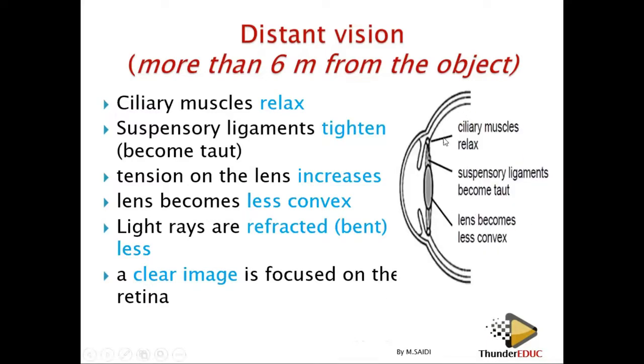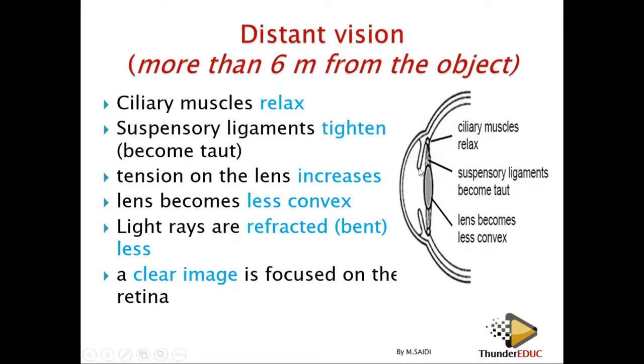So this is how it works: if this one relaxes, this one must contract, and if it contracts, it is pulling this side and also this side, and then the lens becomes small, which means that the lens becomes less convex. Because it is less convex, its thickness is small, so its refracting power is less.